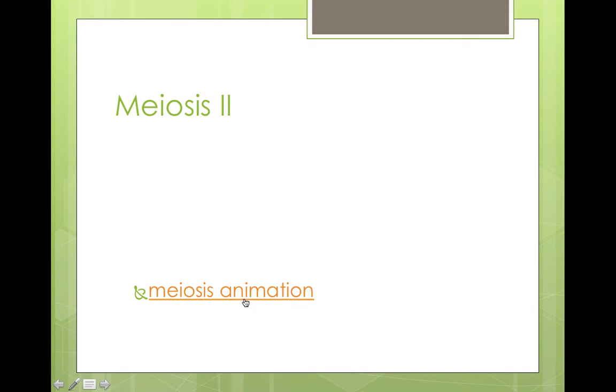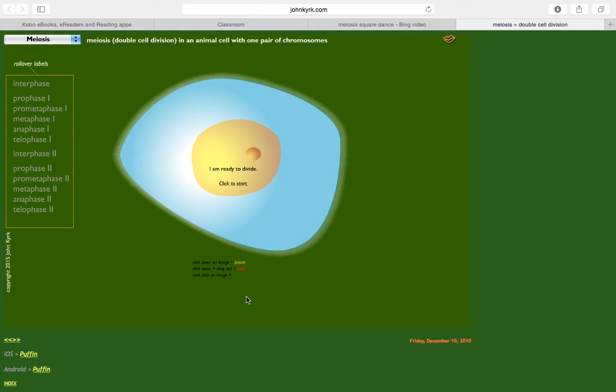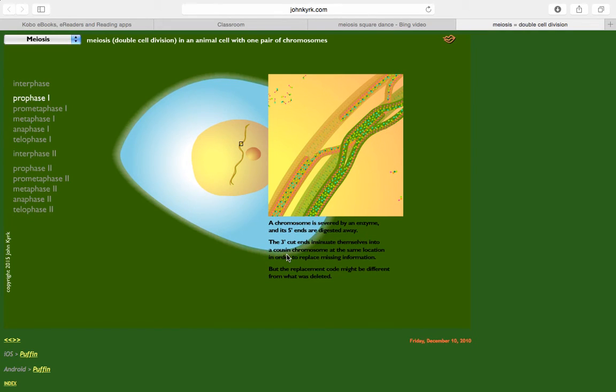Let's take a look at the animation. Yeah, what they're showing here is the chromosomes replicating to make another copy of itself.